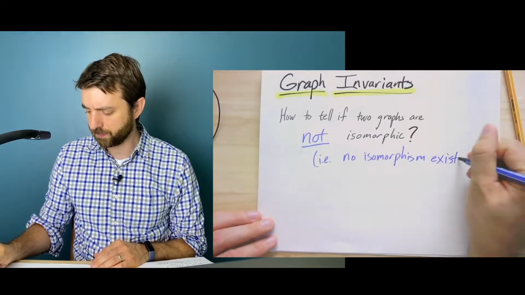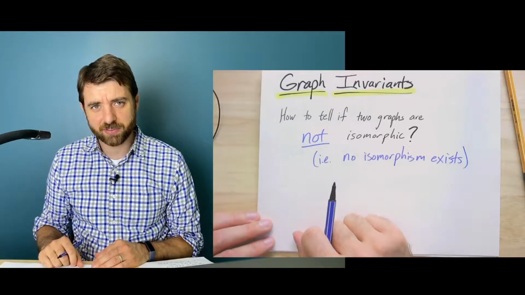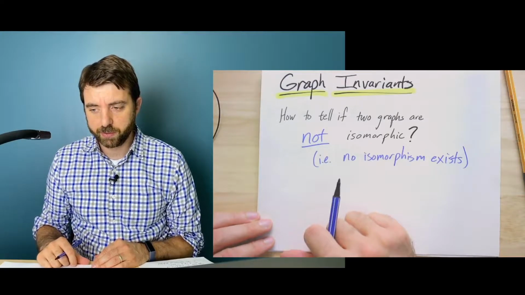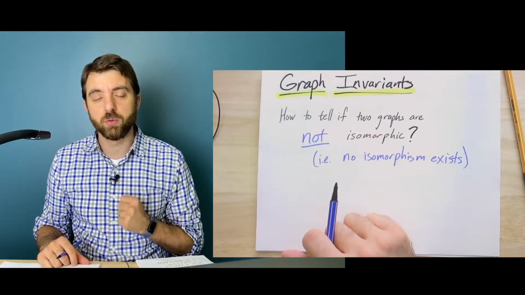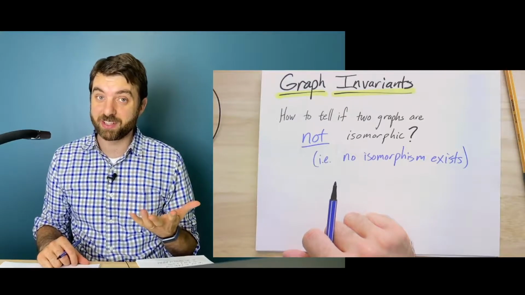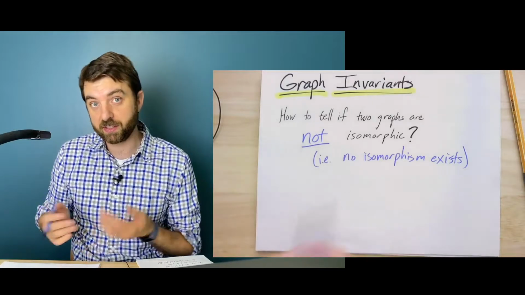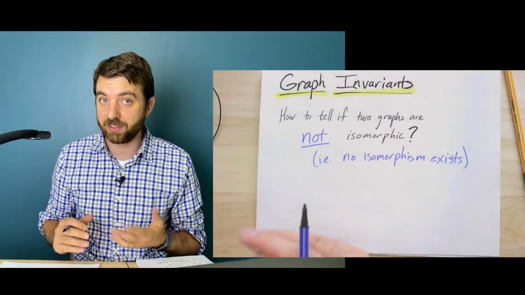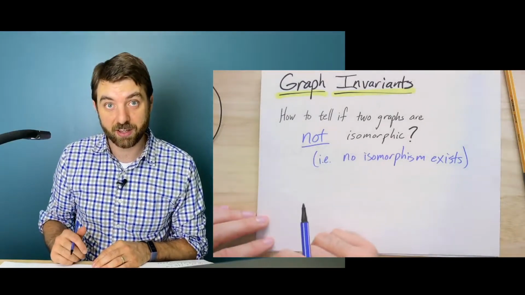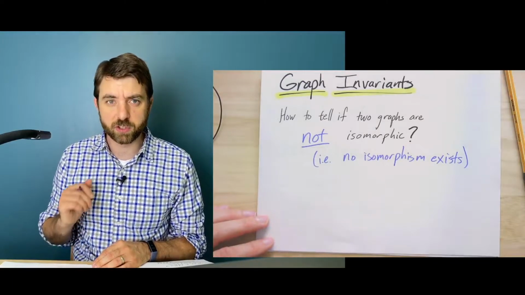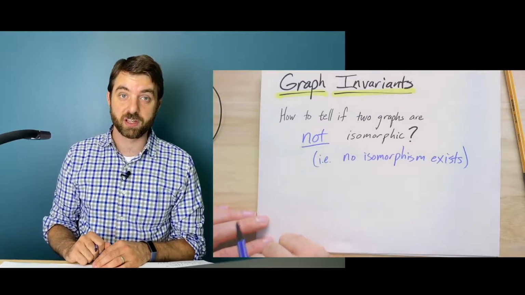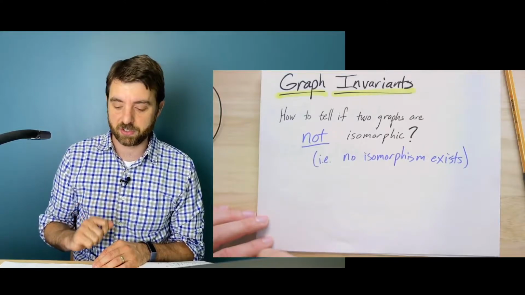Now, if I wanted to prove to you that two graphs were isomorphic, one thing I could do is give you the isomorphism, because I want to prove that an isomorphism exists. If I give you one, you can check, or we can check together, that it really is an isomorphism. And then you've shown that it satisfies the definition.